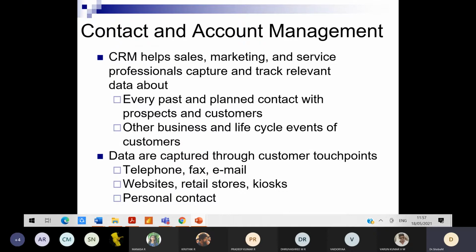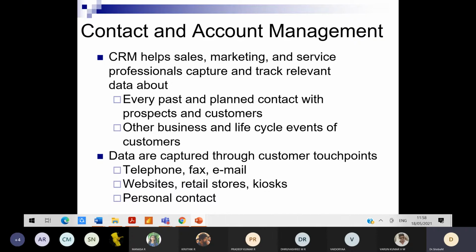So data is very important with respect to customers: what they had purchased earlier in the past, what they are browsing or looking for in the future, and who the different contacts are through which the company or organization is able to increase its potential customers. All this matters a lot, and data can be captured through various means and mechanisms, since information technology is used for all of those.